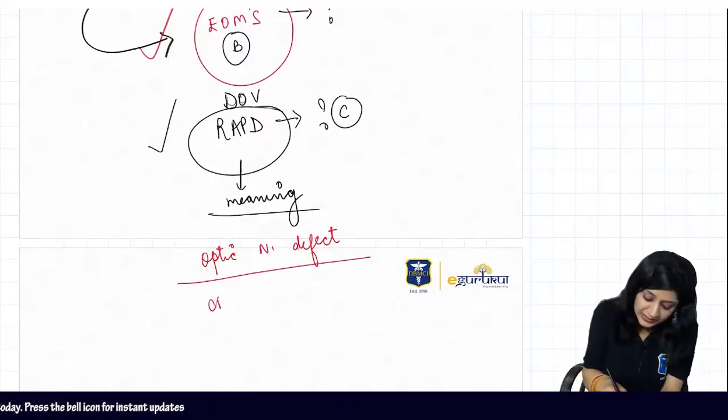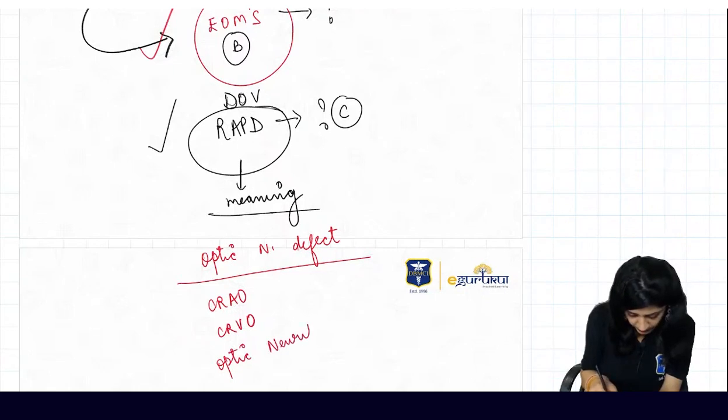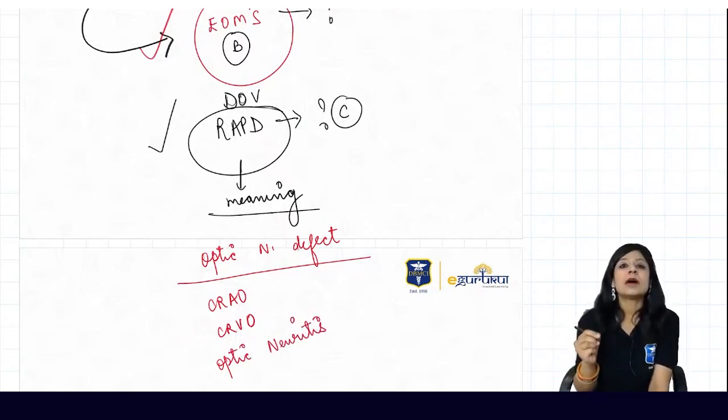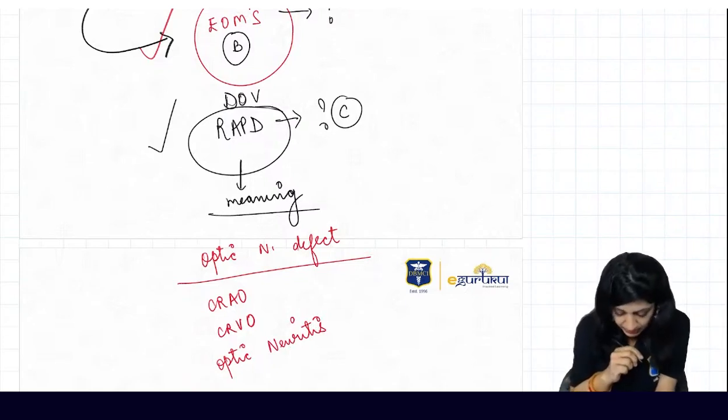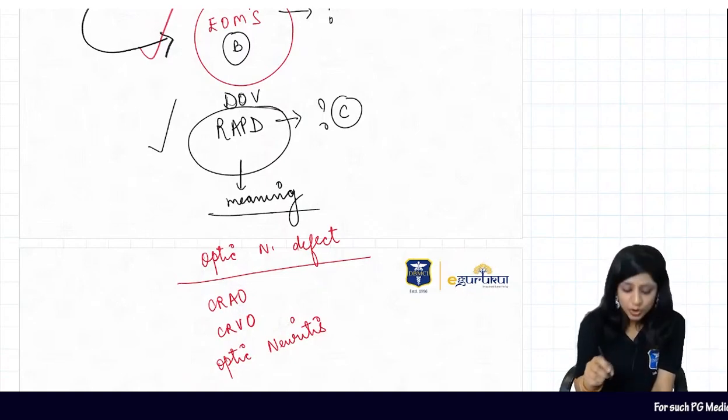You are giving me right examples, CRAO, CRVO. And we are also thinking about optic neuritis. Okay? I am also thinking about optic neuritis. Now, which of the following is giving you sudden diminution of vision?